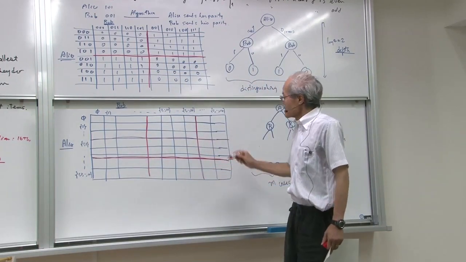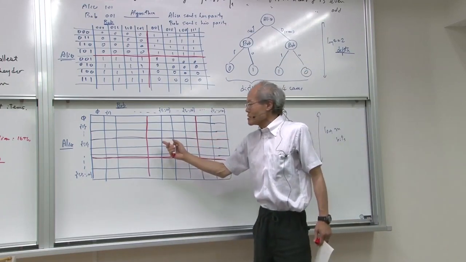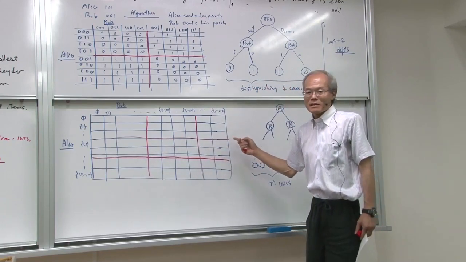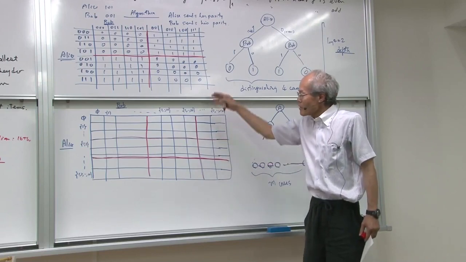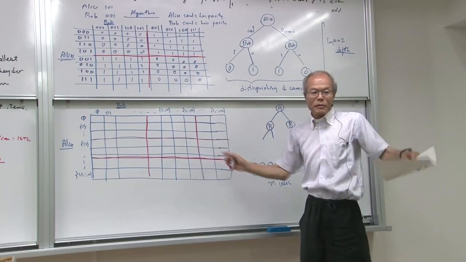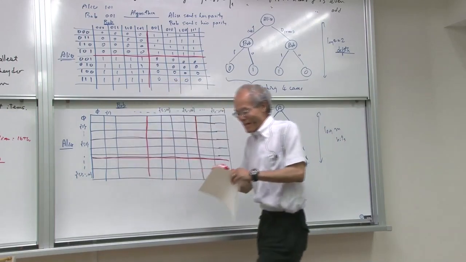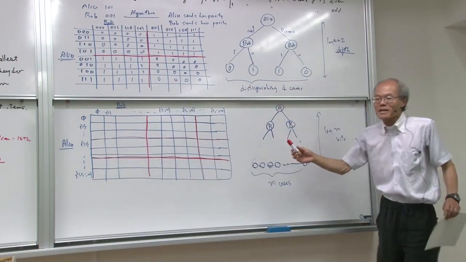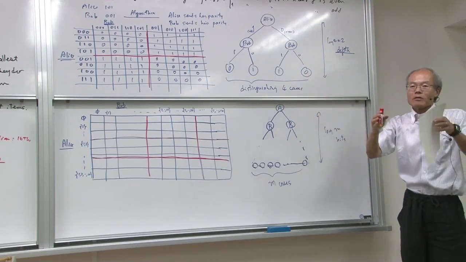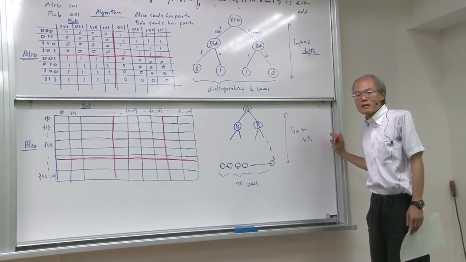Now the third looks like it divides only this area in 2 parts. But if you think a bit carefully, by sending 1 bit, we can divide the whole thing into 2 parts. So anyway, by sending bits, this table will be divided into 2, 4, 8, 16, like this, like that.